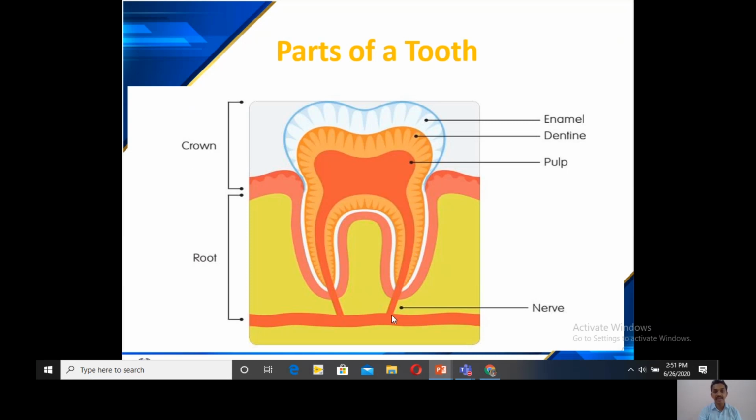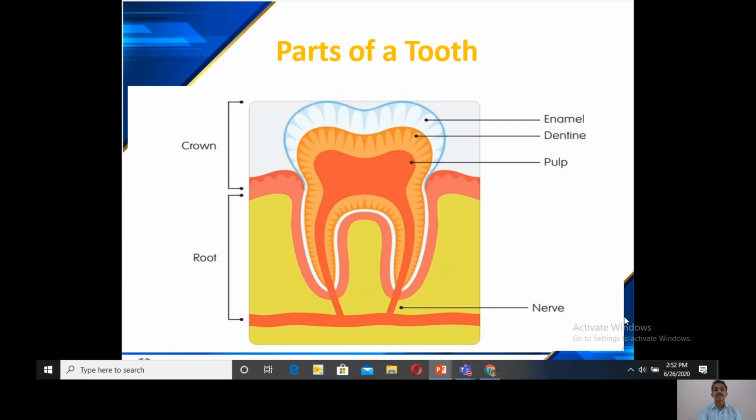Here we can see the nerves, and this part is called the root. These are the parts of a tooth. Enamel, dentine and pulp combine to form the crown and the lower part is the root.